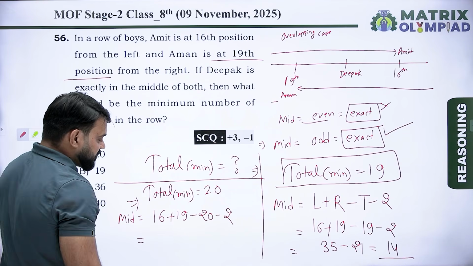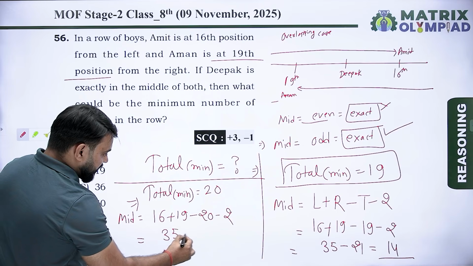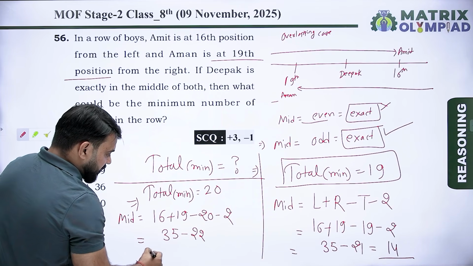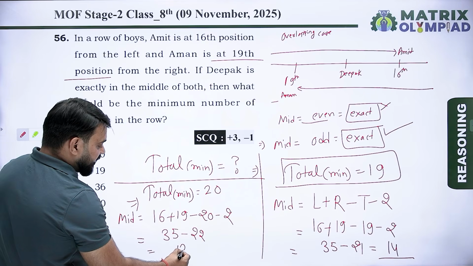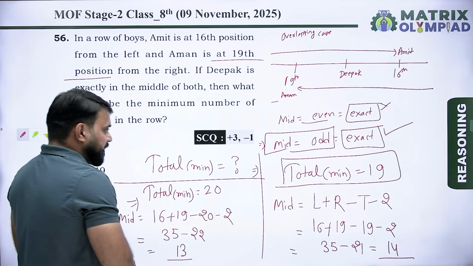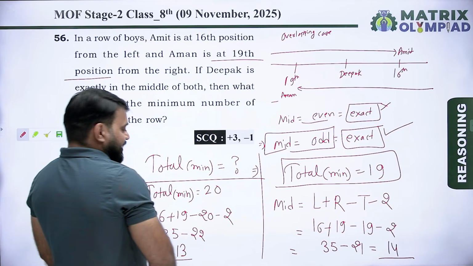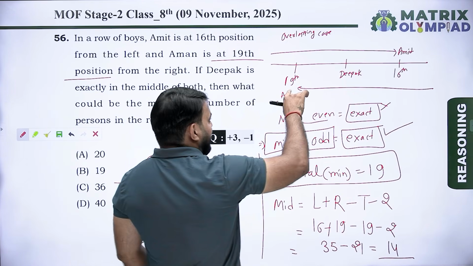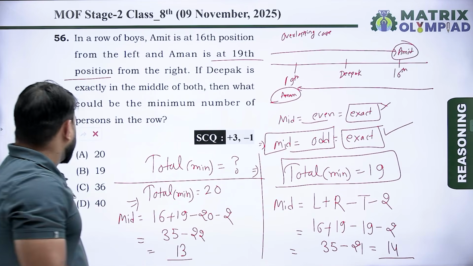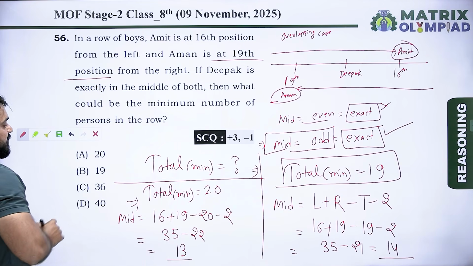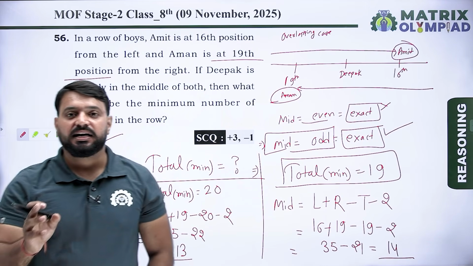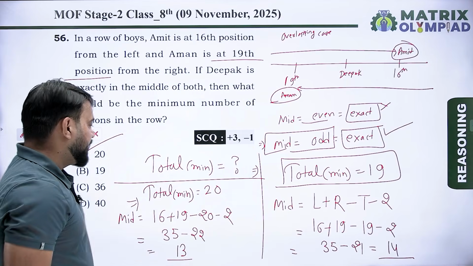So 16 plus 19 means 35, minus 20 minus 2 means minus 22. So 35 minus 22 means 13. So 13 is an odd number. So number of mid people is an odd number. Then Deepak is exactly in the middle of Aman and Amit. So here total minimum number of persons in this row is 20. So here option A is the correct answer of this question.